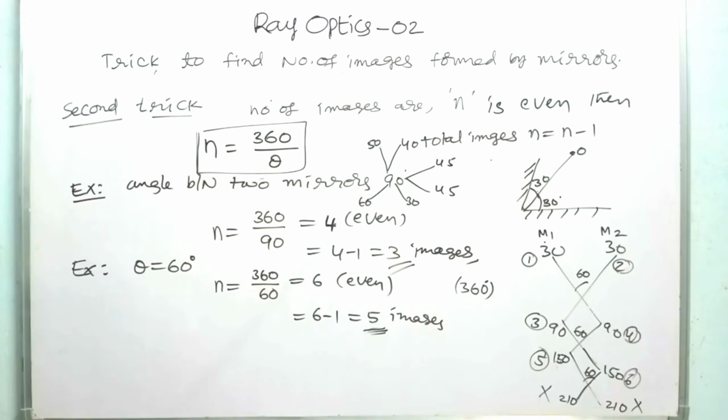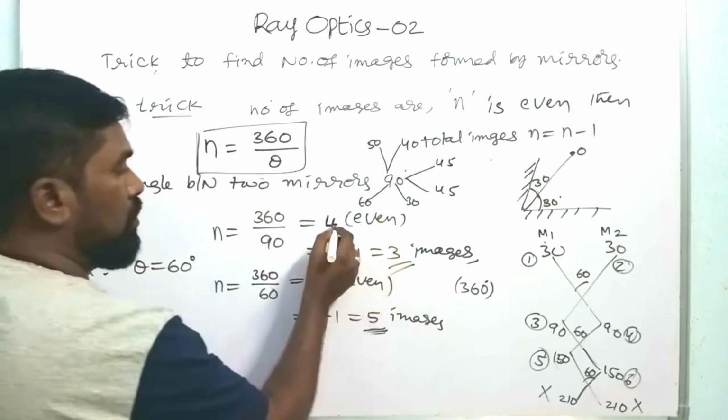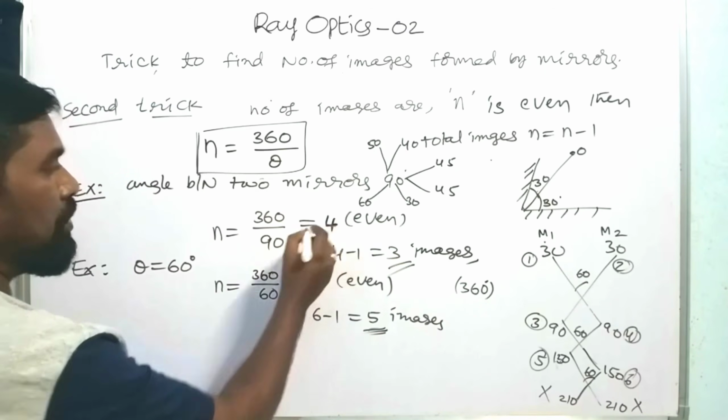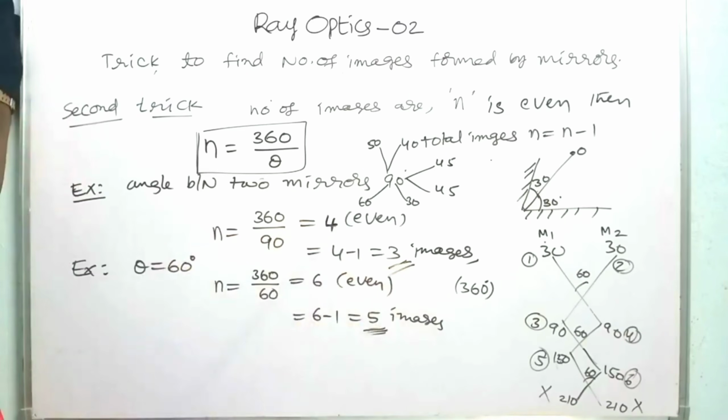Okay. So this is the method you can use to find it easily. And if it is even, you have to reduce one number, then the total number of images remains.